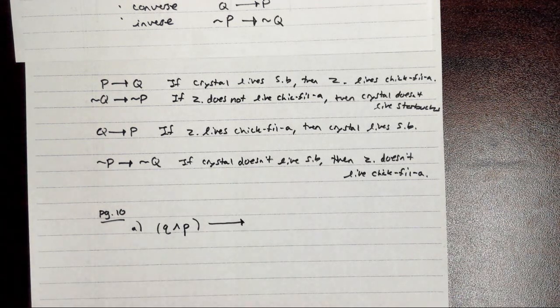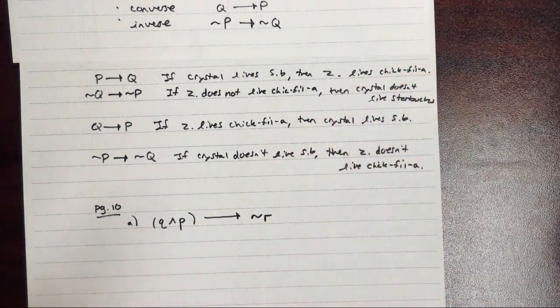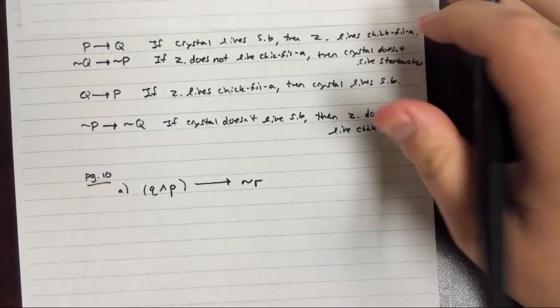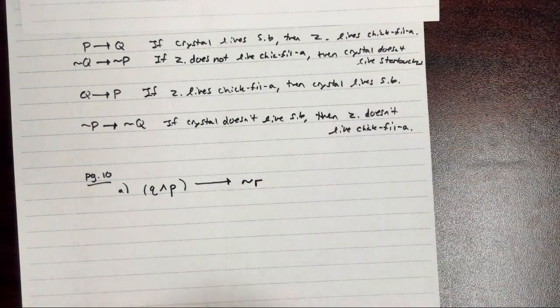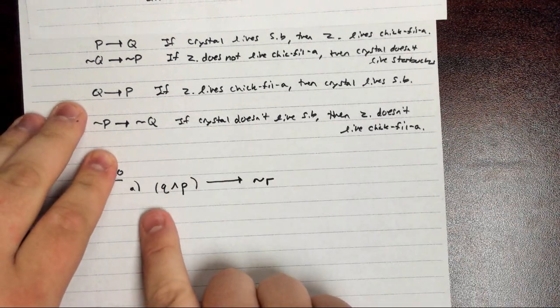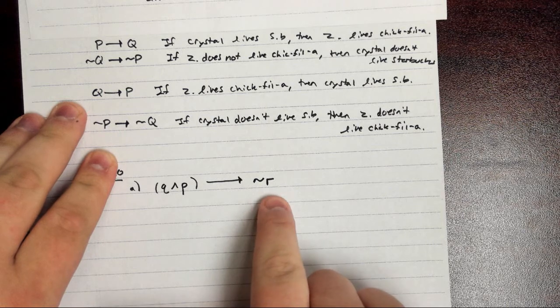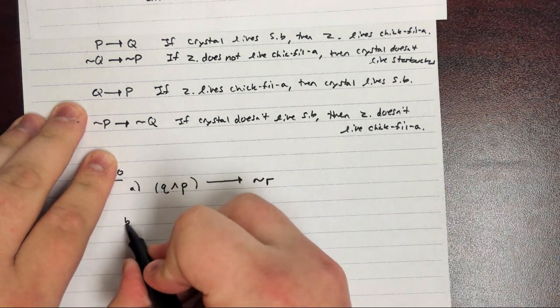So squiggly R. Is there a technical term instead of squiggly? People just say not, or the actual symbol is a tilde. And there you go. So if the head gasket is blown and there's water in the cylinders, then the car won't start. All right. How about part B of that?